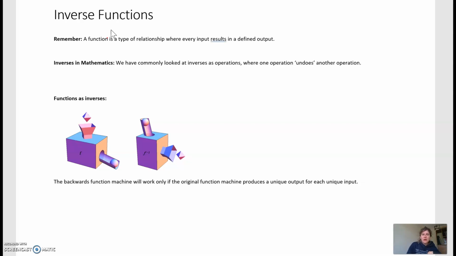Every input results in a defined output, and you can think about that in terms of x and y values. Every x value has a distinct y value. Again, this is just revision, so you should be familiar with this already. Say, for example, you have a quadratic graph.